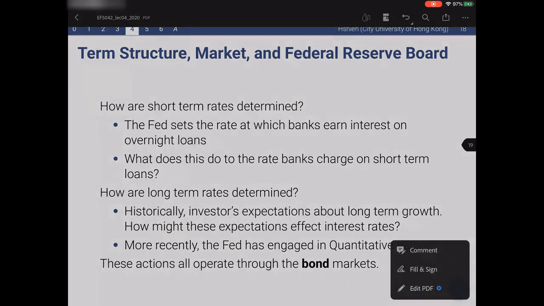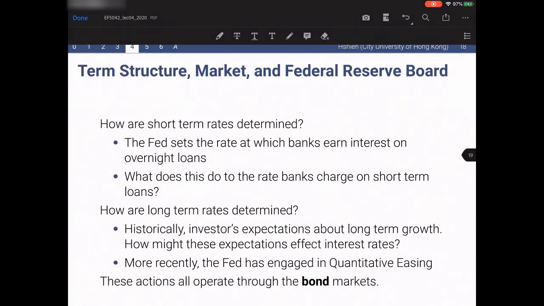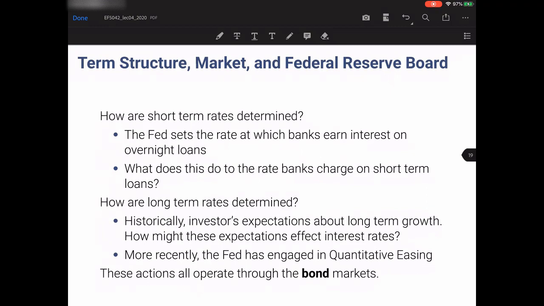So to answer the second bullet point here, if the Fed wants to increase interest rates, what they can do is they can remove cash from the system by issuing debt.